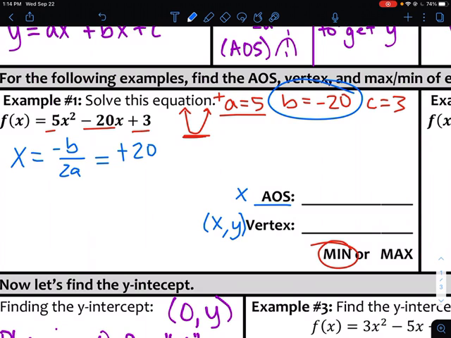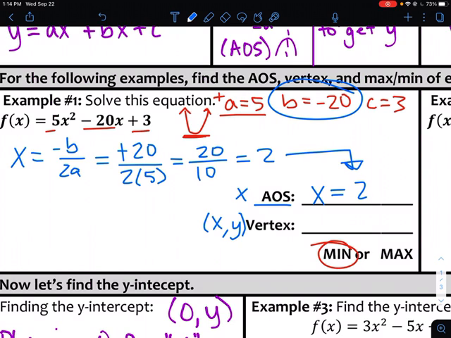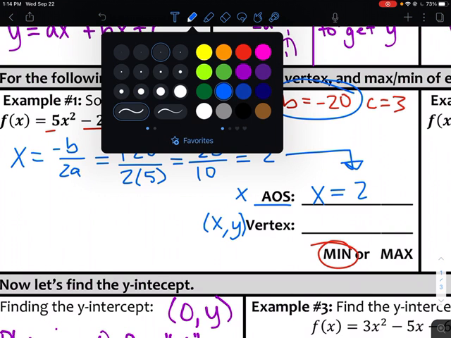So the second negative makes a positive. So opposite sign. I was negative, now I'll be positive. All over 2 times a, which is 5. So then we'll get 20 over 10, which simplifies to 2. So x equals 2. That's our x value right there, using that formula.